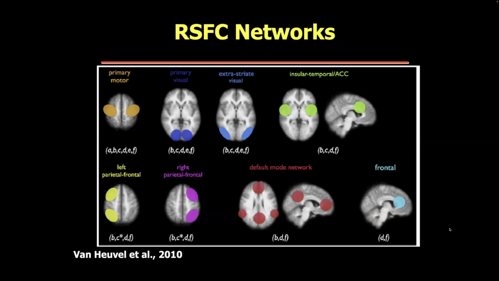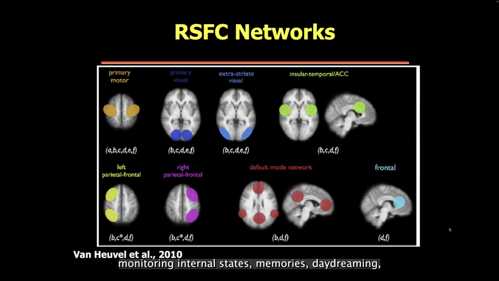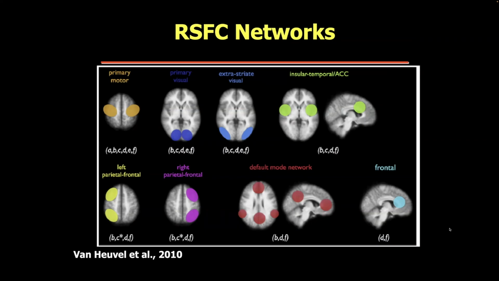It's thought to be a network associated with monitoring internal states, memories, daydreaming. It's thought to be the anti-task network, although it's more complicated than that. But in essence, it drops out while we engage in goal-directed behavior, such as reading or doing a math problem.